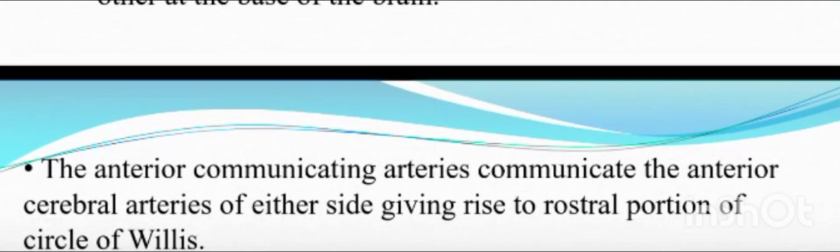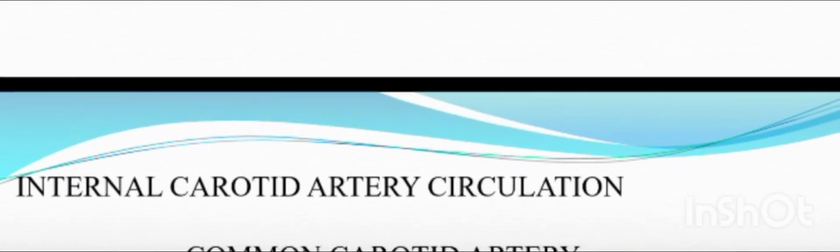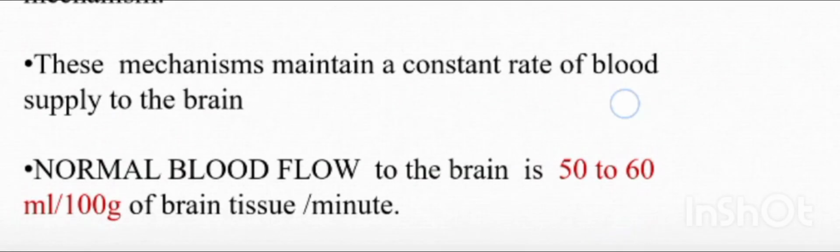It is like a complex network of arteries at the base of the brain which supplies blood to the brain tissue. So we will be discussing the circle of Willis. Until next time, keep revising the things we have discussed till now. Let us stop at the circle of Willis. We'll be finishing in the next class.